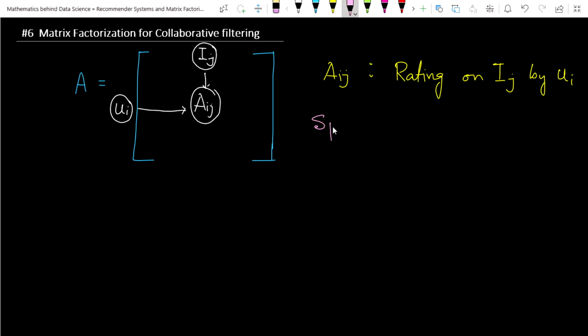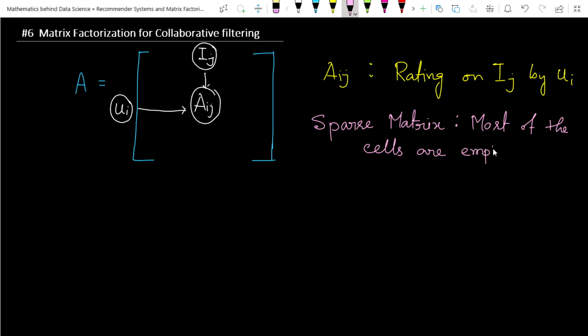For these reasons, it's a sparse matrix, which means it has many empty cells. Most of the cells are empty. That's the first reason for this recommender matrix.